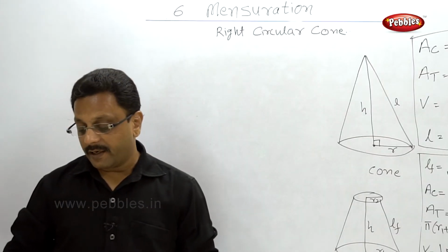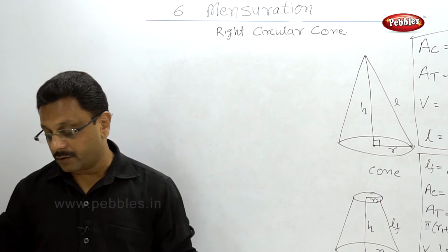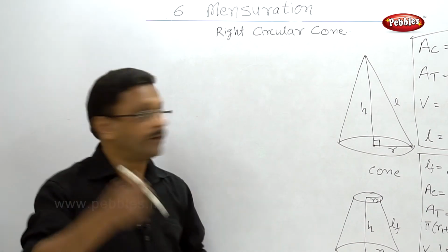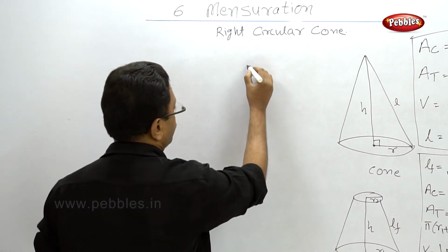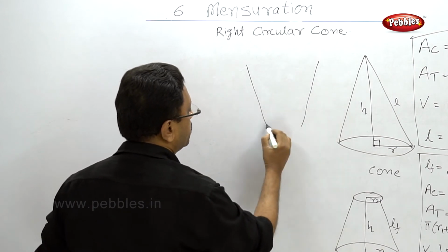If the radii of the circular ends of a conical bucket, which is 30 centimeters high, are 14 and 7. Now the conical bucket is there, this is the bucket.